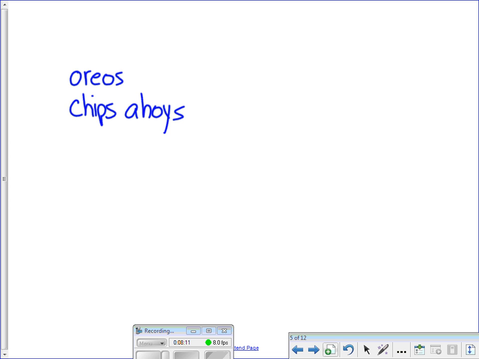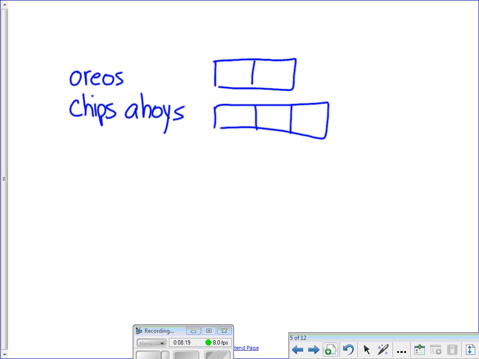If the Oreos to Chips Ahoy were a 2 to 3 ratio, and the 3 in my ratio represented 12 Chips Ahoy, what would each unit be?